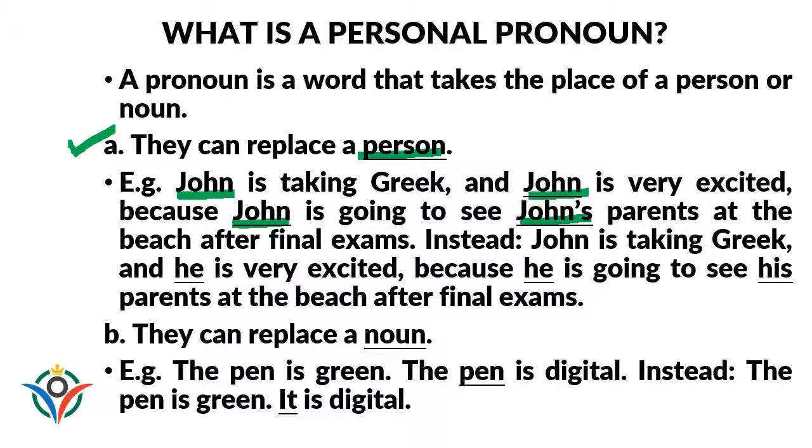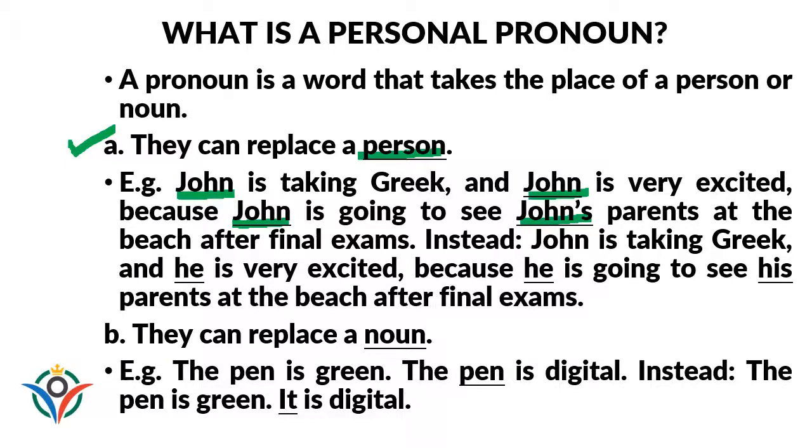All right, so in this sentence, as you can see, if we keep using the name John, it becomes very, very redundant. And we can actually streamline this sentence by using personal pronouns.